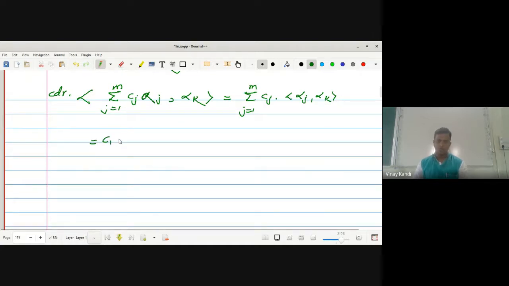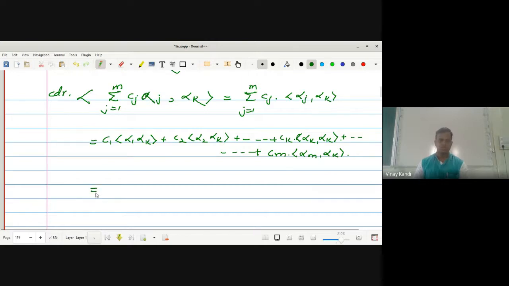So we get C1 inner product of alpha 1 with alpha k, plus C2 inner product of alpha 2 with alpha k, plus up to Ck inner product of alpha k with alpha k, plus up to Cm inner product of alpha m with alpha k, which is equal to C1 into 0, C2 into 0, plus up to Ck into norm square of alpha k, plus 0 plus up to 0.